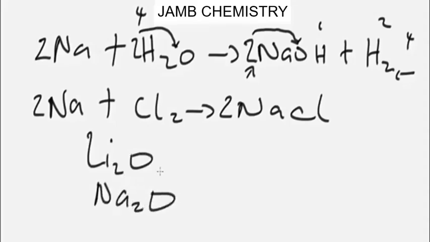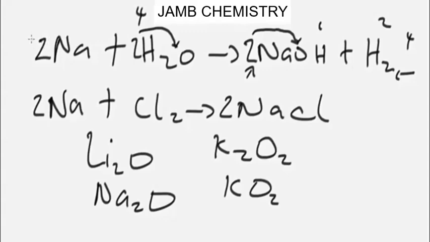When potassium reacts with oxygen, we can either have potassium peroxide or potassium superoxide. So these are the three main reactions of group 1 elements, their reactivity.